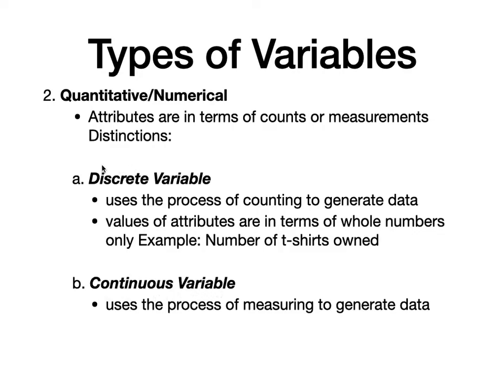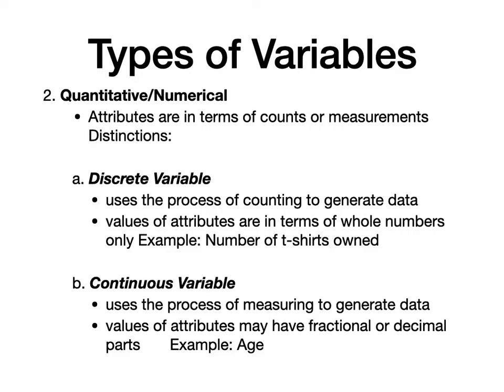So take note, for discrete variable, the values are generated by counting them. Thus, we refer to it as count data. However, for continuous variable, the values are generated by having to measure them. Thus, continuous variable is also referred to as measured data. The values of the attributes may have fractional or decimal parts.